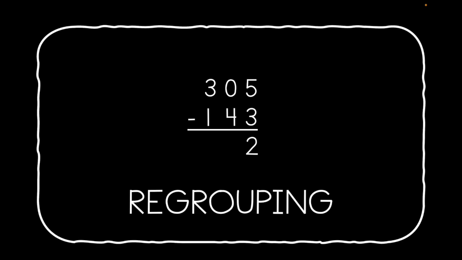I need to rearrange my hundreds and my tens. I need to use 2 hundreds and 10 tens so that I can say 10 tens minus 4 tens, well, that's 6 tens. And 2 hundreds minus 1 hundred, well, that's 1 hundred.